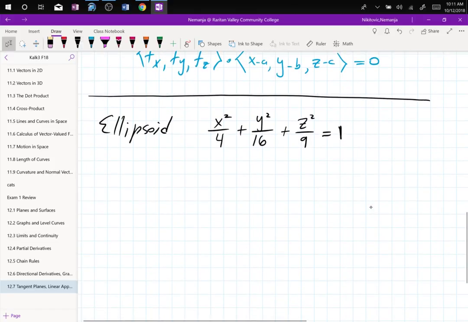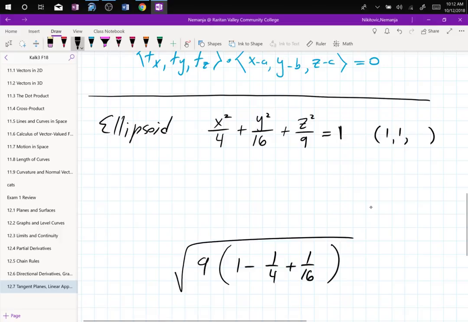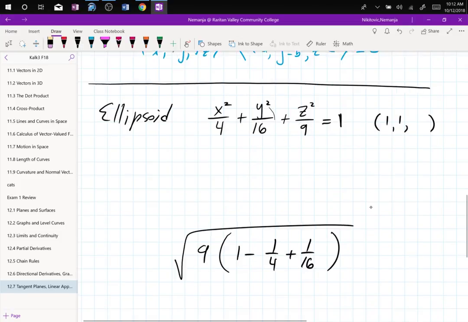Now let's say you want to have a point with x and y equal to 1, 1, and then we actually have to compute the third value. So I'm just going to do this on the side. If I use 1, 1, there will be 1/4 plus 1 over 16, 1 minus that, everything times 9, and then the square root, right? Because I need to move these two this way, and then multiply by 9, and then take the square root to calculate z. Okay, cool.